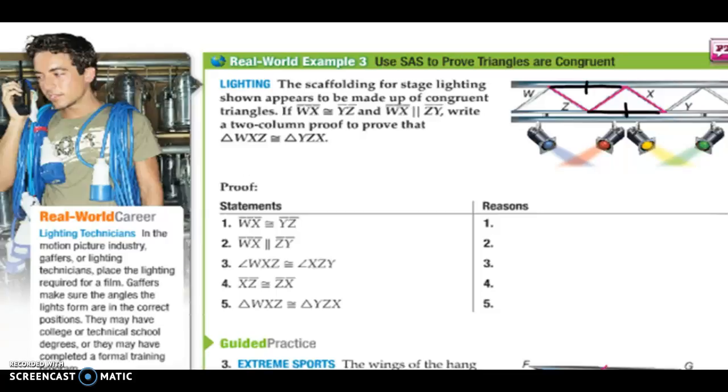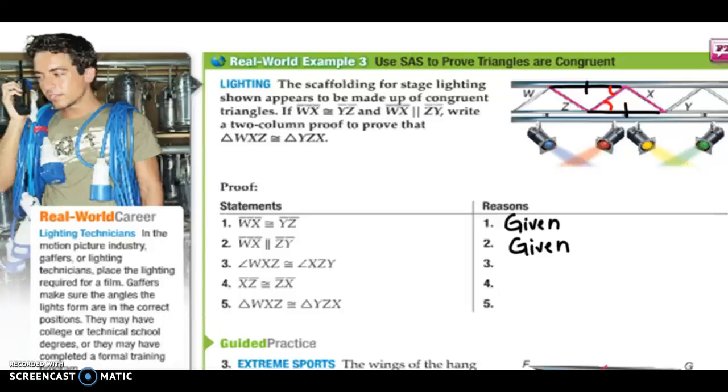Alright, so the first thing we see is that in our proof we have WX is congruent to YZ. Well, that's just our given information. Okay? Then it says WX is parallel to YZ. Same thing, given information. Now, it says that angle WXZ is going to be congruent to XZY.